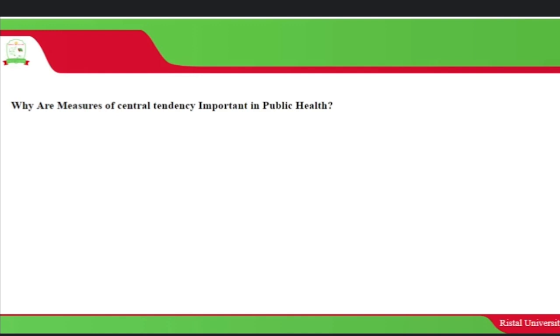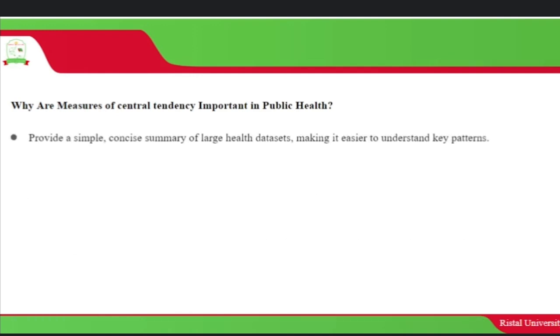So these measures of central tendency help provide a simple, concise summary of the large data sets, making it easier to understand the key patterns in the data. They summarize the health data really quickly.